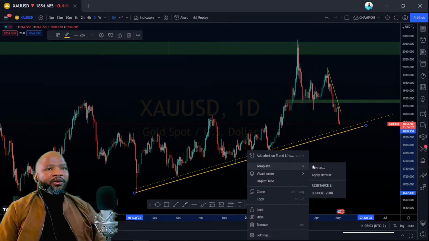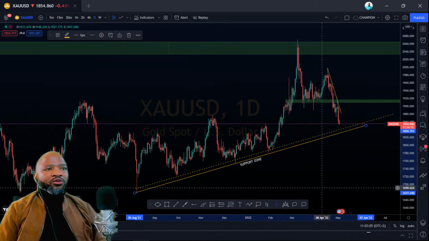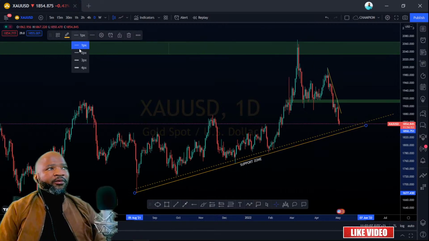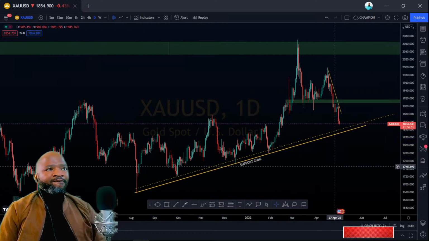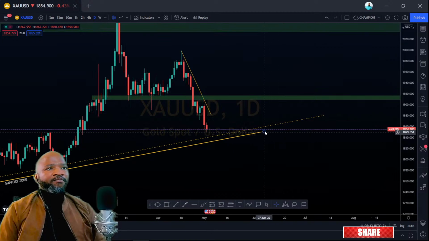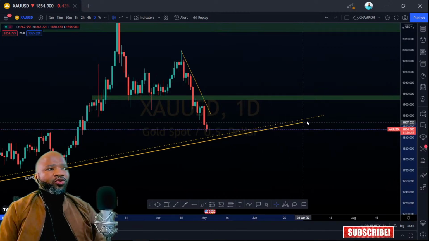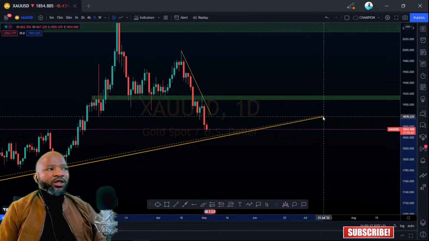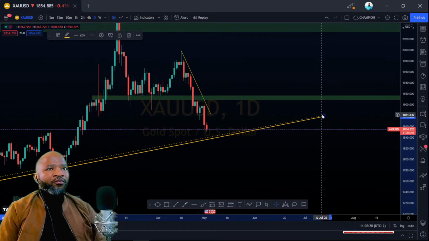Let me place the support zone so that we remember all the time that gold is on the bullish trend and it's pushing towards our support currently. I hope that makes sense to you guys.